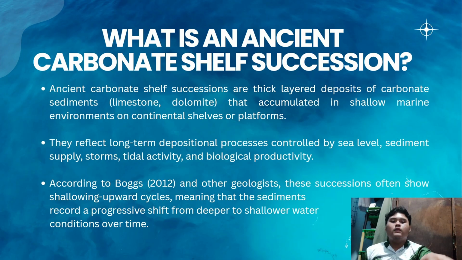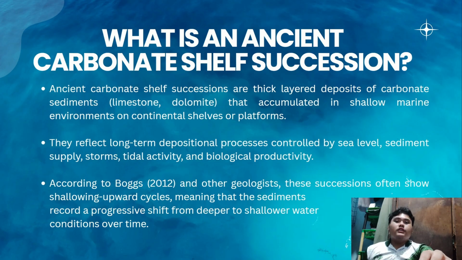In our presentation, the ancient carbonate shelf successions are thick layered deposits of carbonate sediments like limestone and dolomite that accumulated in shallow marine environments on continental shelves or platforms, just like what I've explained earlier.